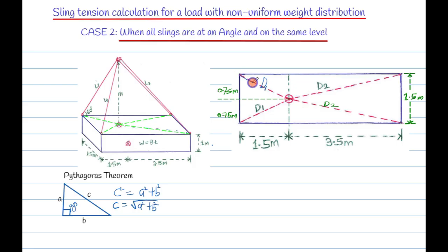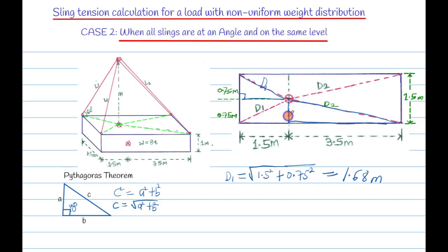So let's consider this triangle as a right angle triangle. So using Pythagoras theorem, our D1 will be equal to the square root of 1.5 square plus 0.75 square. This will be equal to 1.68 meter. To get our D2, let's also consider this triangle.